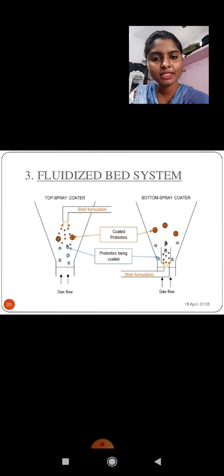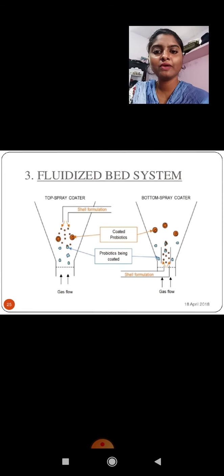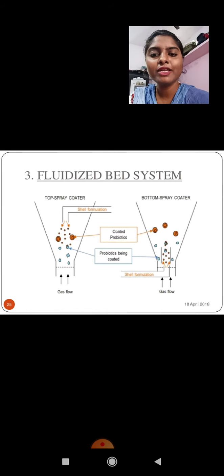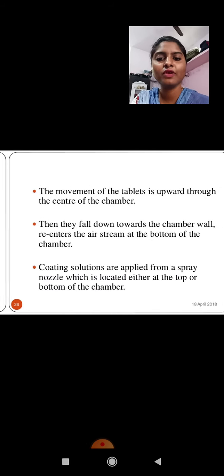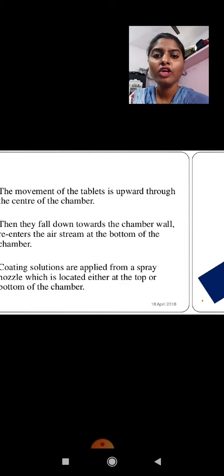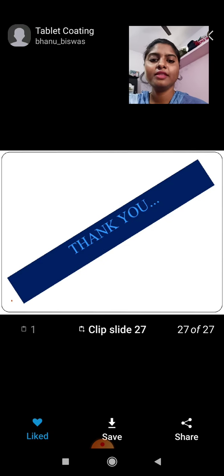This equipment is the bottom spray coater, and this is the top spray coater. In the top spray coater, when the tablets come up in the fluidized bed, they are coated. When the tablets come down, they are also coated. This is about the fluidized bed system. And thank you.